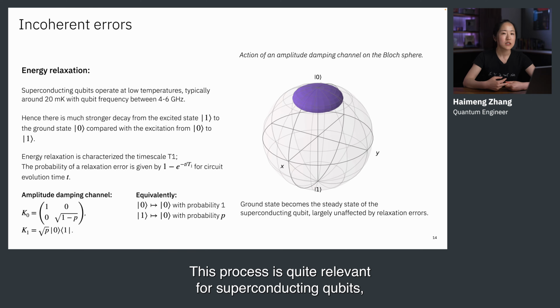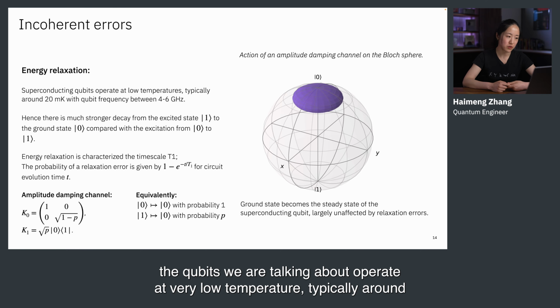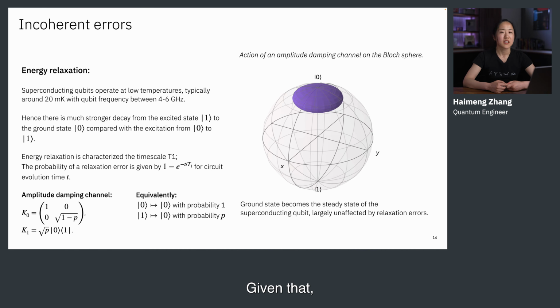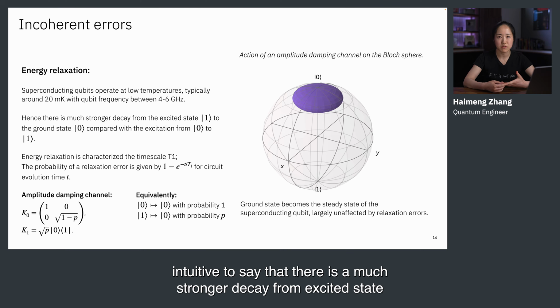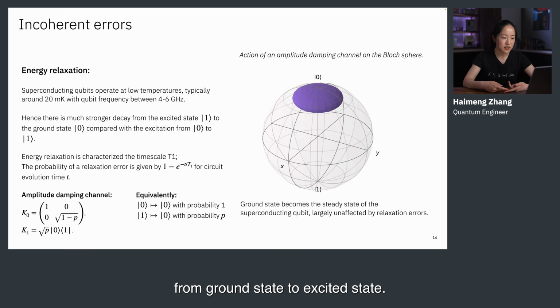This process is quite relevant for superconducting qubits, which is the hardware we're talking about here, because the qubits operate at very low temperature, typically around 20 millikelvin, and our qubit frequency is typically between 4 to 6 gigahertz. Given that, it's quite intuitive to say that there's a much stronger decay from the excited state to the ground state compared to the opposite process from the ground state to the excited state.